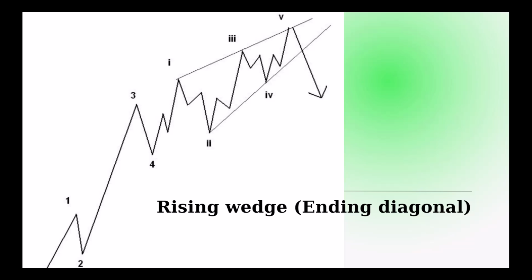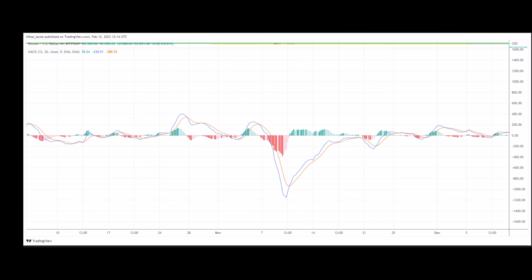Getting back to our strategy, the second tool for this strategy is the MACD indicator. The MACD indicator is a widely used technical indicator that can help traders identify potential trade opportunities. The indicator consists of 3 components: the MACD line, the signal line, and the histogram.